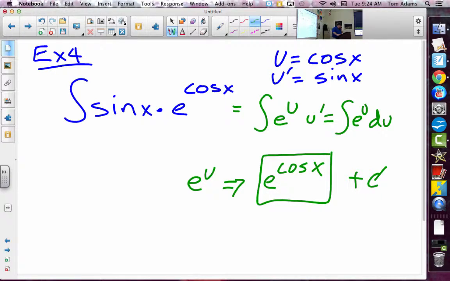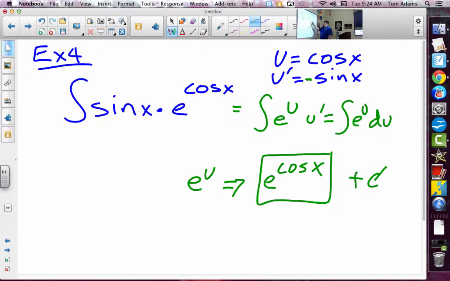Now the only other thing that I forgot to do is that technically the derivative of cosine of x is negative sine, right? So technically I have to put that negative in there somewhere because they gave me this sine.